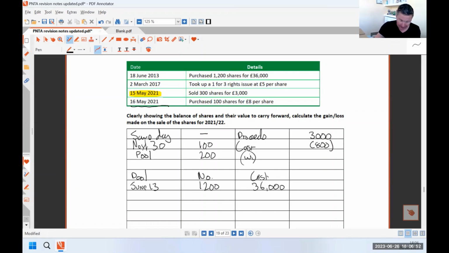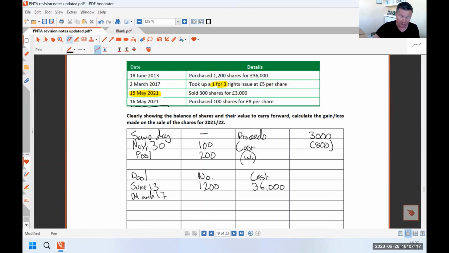The next one is March 17. So we've got a rights issue. How many shares are they going to buy? That's right. So make sure you get it the right way around. So it's a 1 for 3. So for every 3 shares they held, and they always take up the rights issue, the right to buy 1 share.